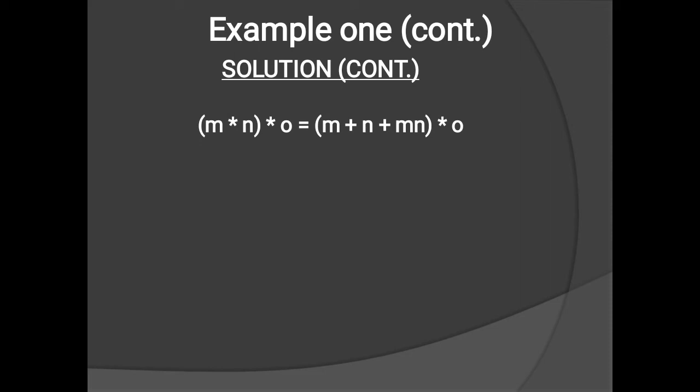So that is what we did: m operation n plus. Now because they are variables, you see, we can't add m to n. And we can't add mn to n. Neither can we add mn to m.